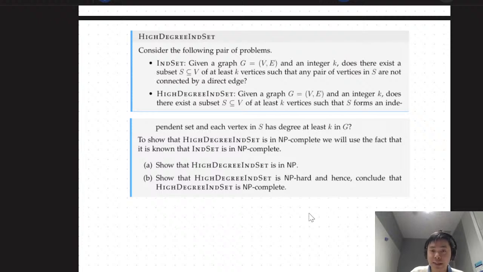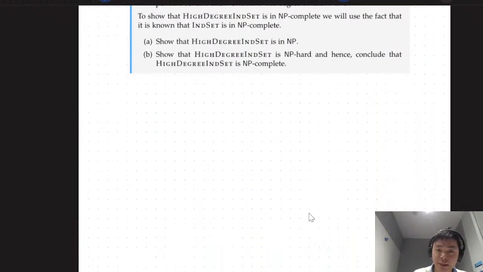And then the new problem is: given a graph and an integer, does there exist a subset S of at least k vertices such that firstly S has to form an independent set, and every vertex in my independent set has to have degree at least k in G. So the first part is to show that high degree independent set is in NP, and then we're going to show that it's also NP hard.